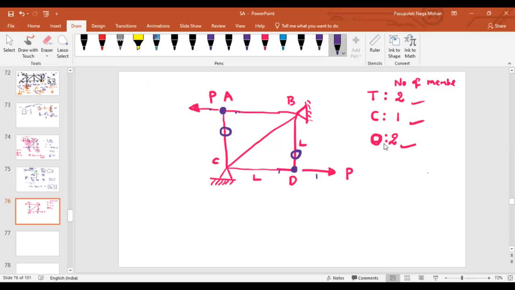Now, is there any way that I can find the reactions here? Any horizontal forces here? Which joint, sir? Applied vertical forces. No applied vertical forces?